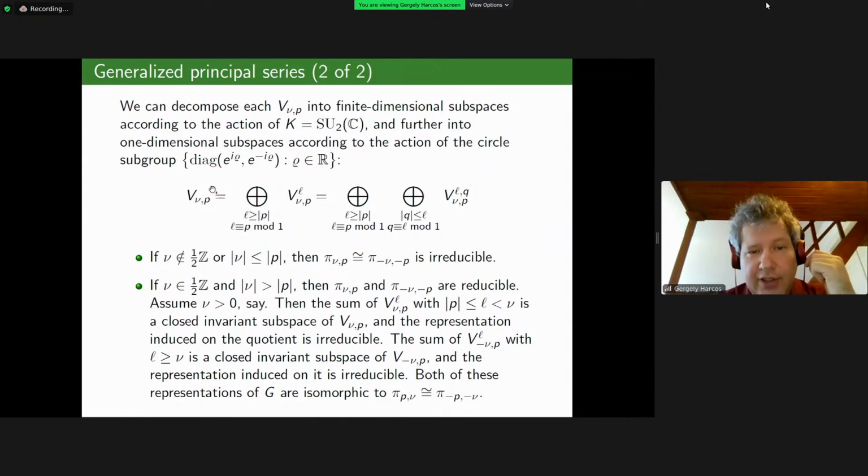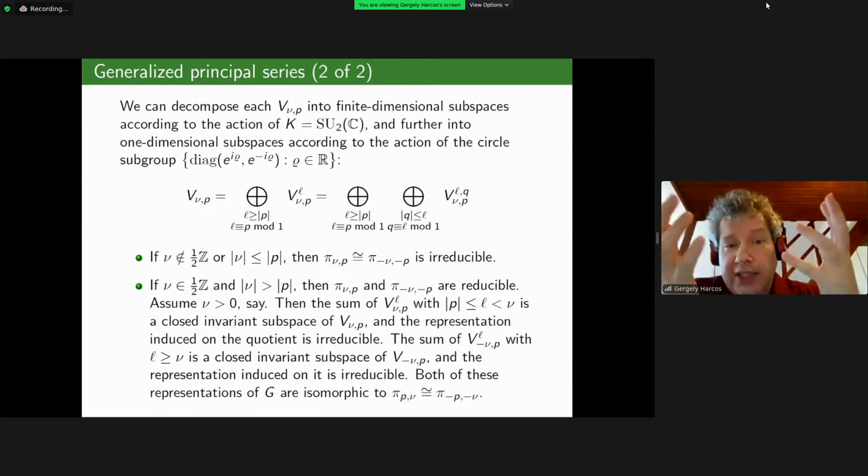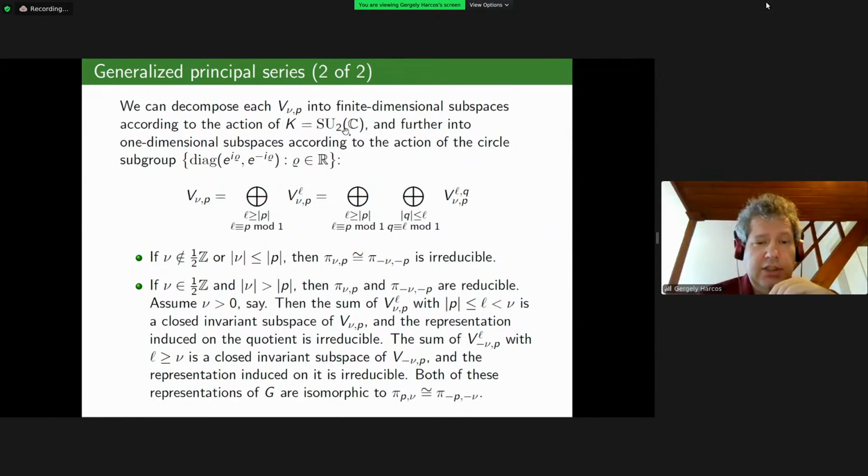More precisely, if you look at this decomposition and you take the space of endomorphisms, just vector space endomorphisms, of the space on the left-hand side, so take the endomorphism ring of V nu p, then because of this decomposition, that endomorphism ring comes with a block matrix decomposition consisting of blocks Hom of V nu p m and V nu p n.